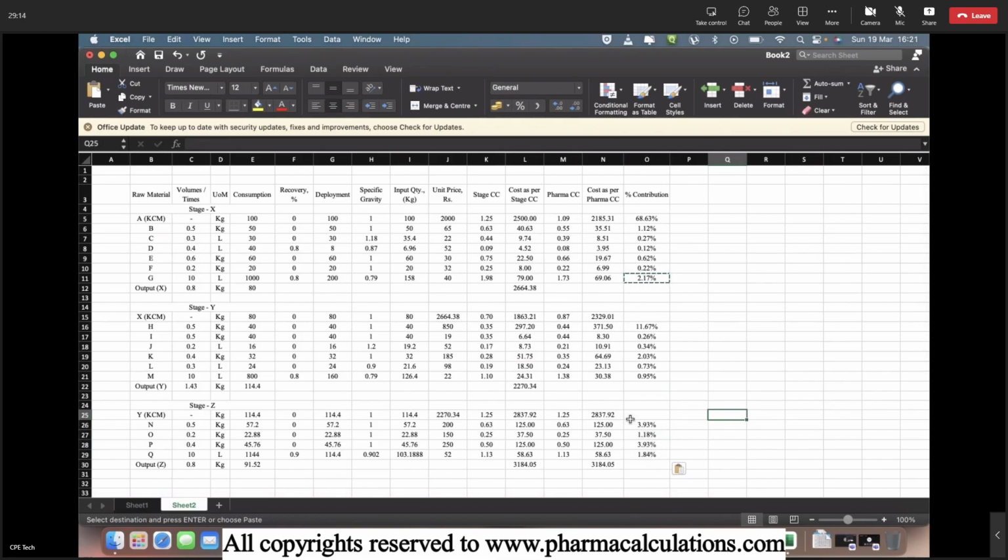The reason why I haven't taken these key contribution materials is that I'm going to take this individually. Let's say here the key contribution material Y, and its percentage is going to be the summation of these things. And also the key contribution material X percentage contribution is going to be summation of these things. As I am going to add up all these things individually, I haven't considered, and I have left these blocks unfilled.